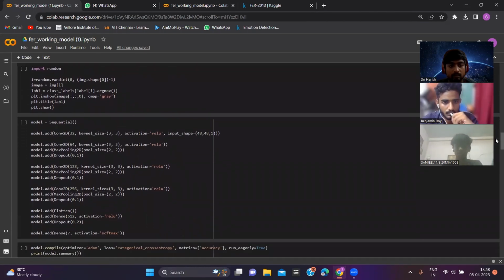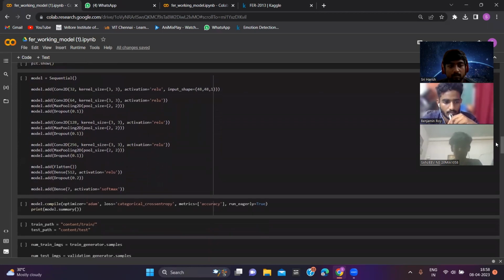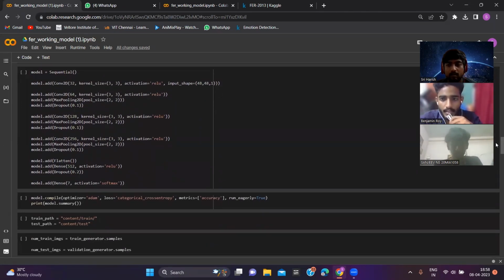The model will be explained by Benjamin. The CNN architecture implementation consists of four sets of convolution, pooling and dropout layers, followed by a flatten layer and two fully connected layers.